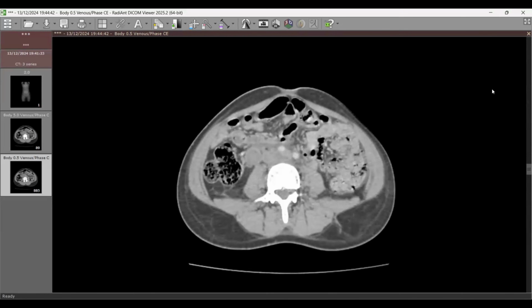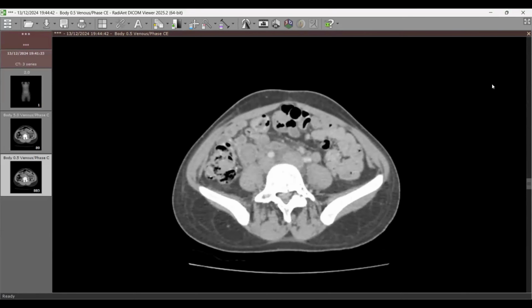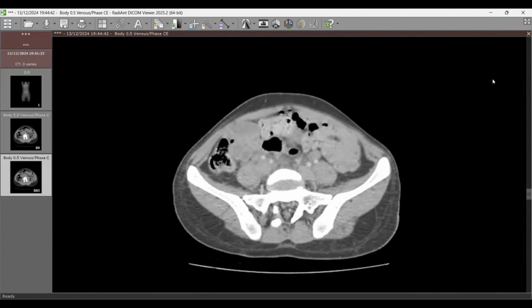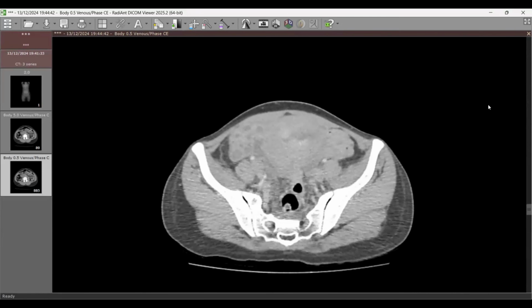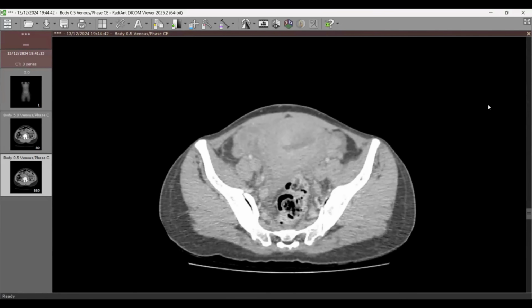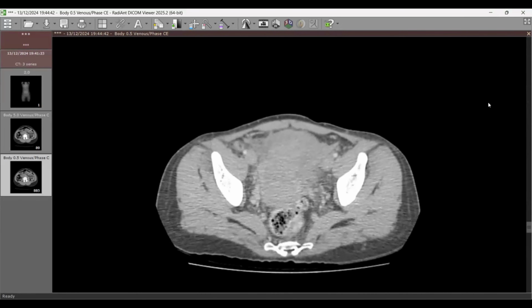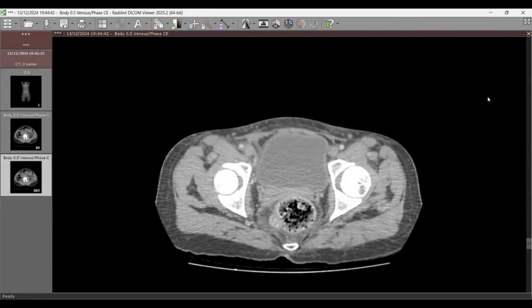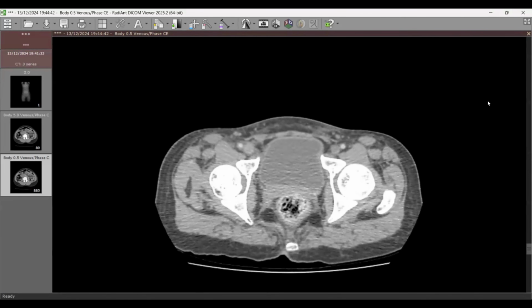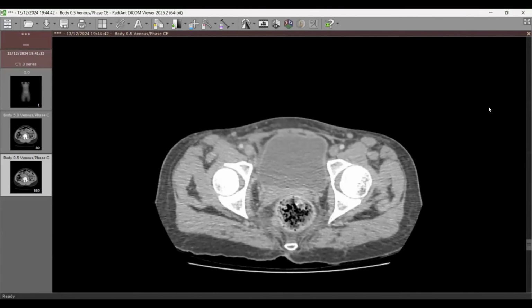I'm now trying to scroll down to first see the whole stack of the images, and then I would like to comment further. I'm going to the top again.